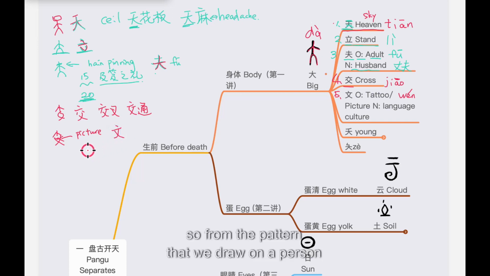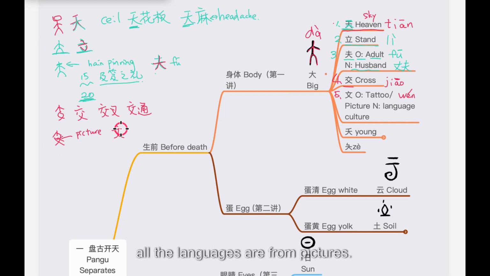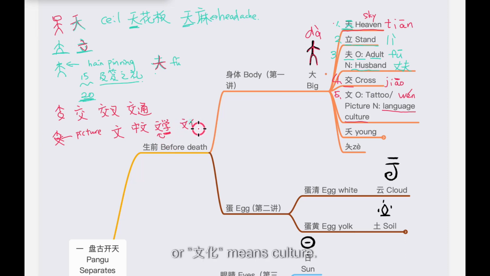So from the patterns that we draw on a person, it becomes the language we have today. And in Chinese especially, all the language comes from pictures. So 文 today means language and also the culture we have. Like Chinese is called 中文, right? 文学 means the study of 文, that's literature, and 文化 means culture.